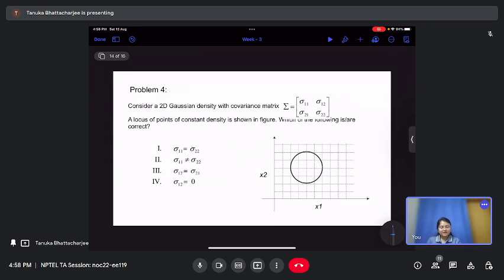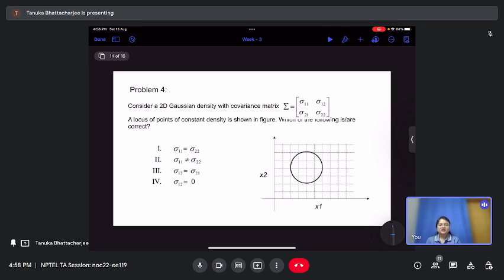Here we have 2D feature vectors, x1 and x2 are the two dimensions, and we see that the locus of the points of constant density is a circle. Immediately that means that x1 and x2 are statistically independent. In that case only, the major axis and minor axis will be parallel to the two feature axes.